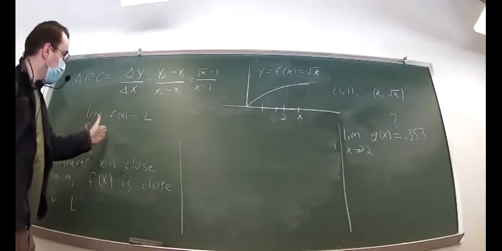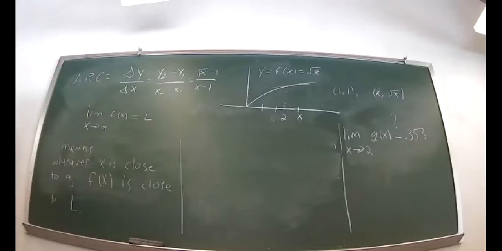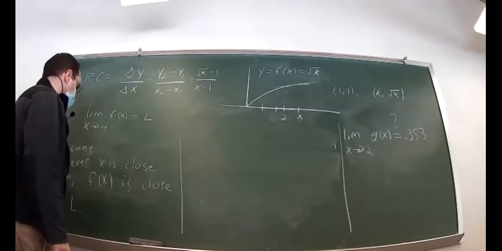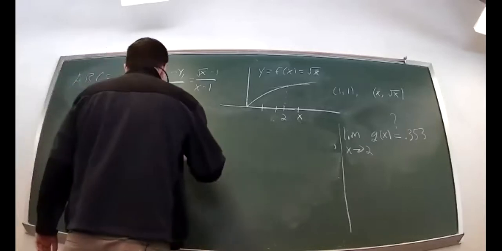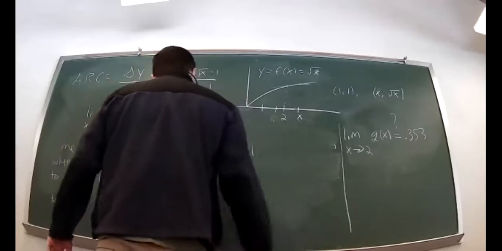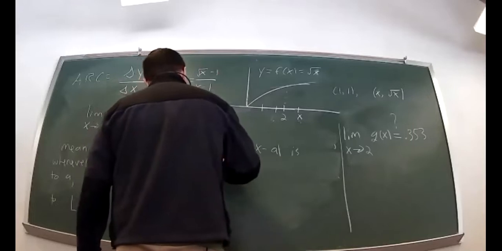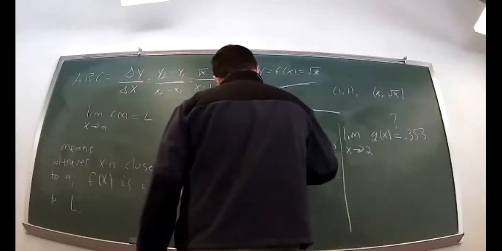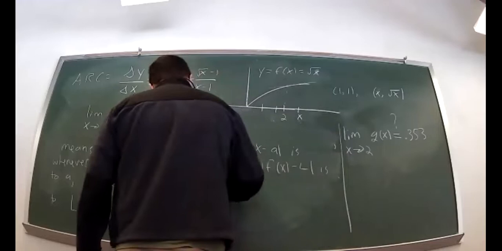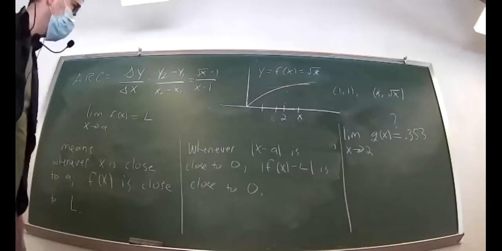The limit as x gets close to a of f of x is equal to L if it's true that whenever x is close to a, f of x is close to L. And if you want to try to make that more precise, you can say something like, whenever the absolute value of x minus a is close to 0, the absolute value of f of x minus L is close to 0.